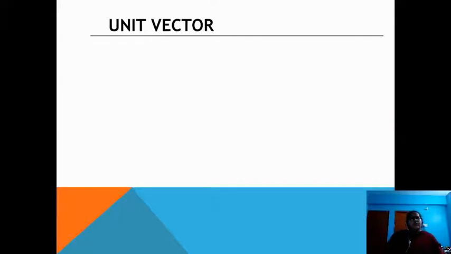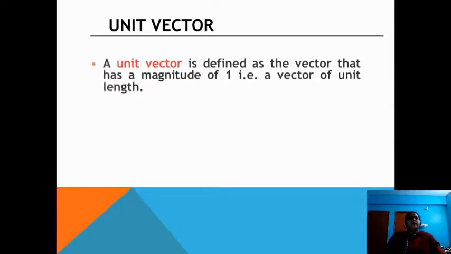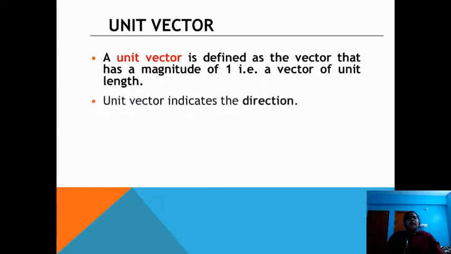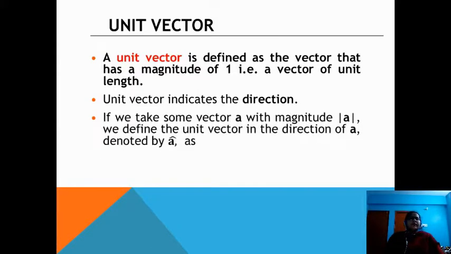Now we will talk about some special vectors, and the first one is the unit vector. From the name itself, I hope we can guess what it is. A unit vector means a vector whose magnitude is 1, or rather whose length is unity. A unit vector just indicates direction. Why is it so? Let us see the next point.